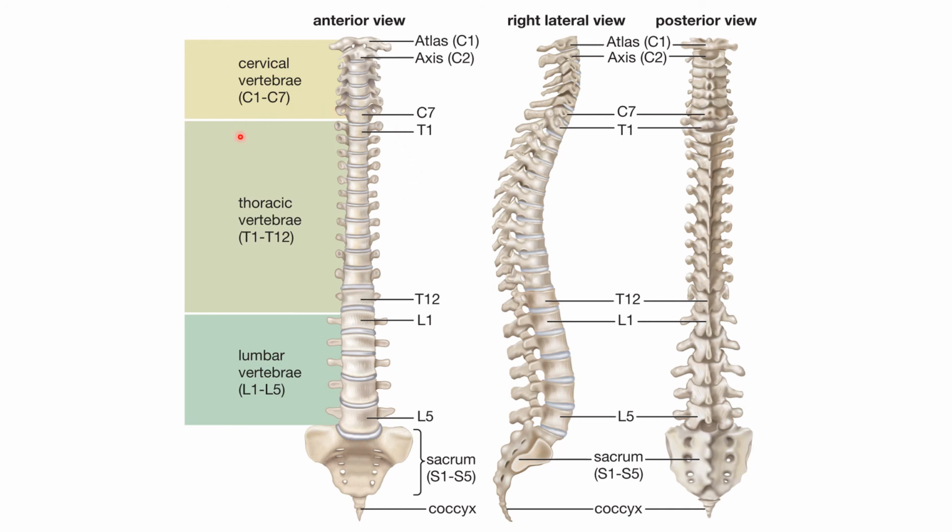The thoracic vertebrae, you have 12 of these, and they're named T1 to T12. And the lumbar vertebrae, you have 5 of these, and these are abbreviated L1 to L5. Okay, so now you know the human vertebral column for the SCB 203 bone exam.